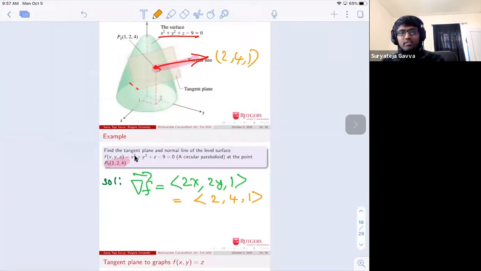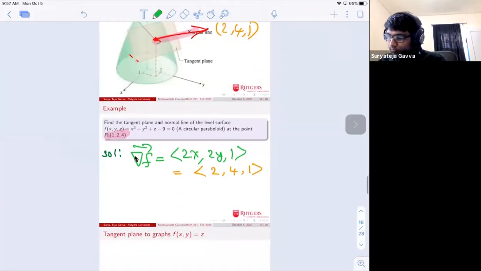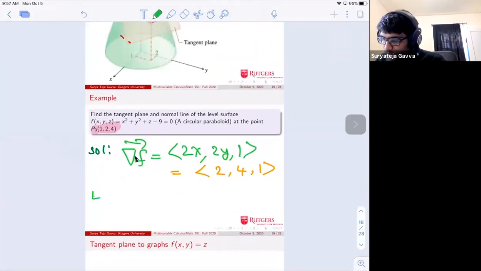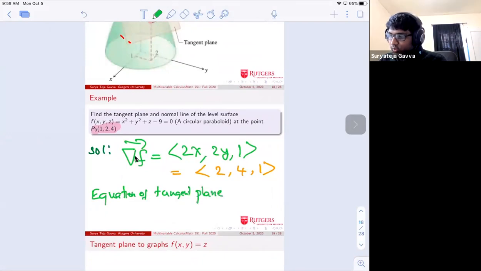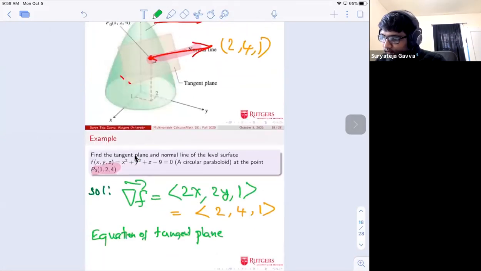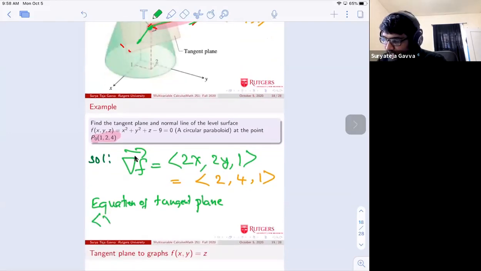So from that, can you tell me what would be the equation of the tangent plane? Right, any vector on the plane will be perpendicular to the normal vector. So any vector on the plane is (x minus x0).